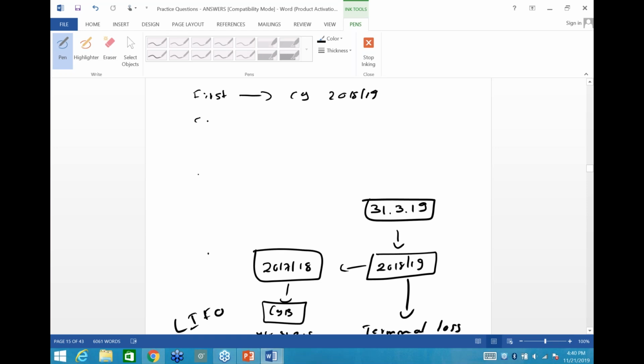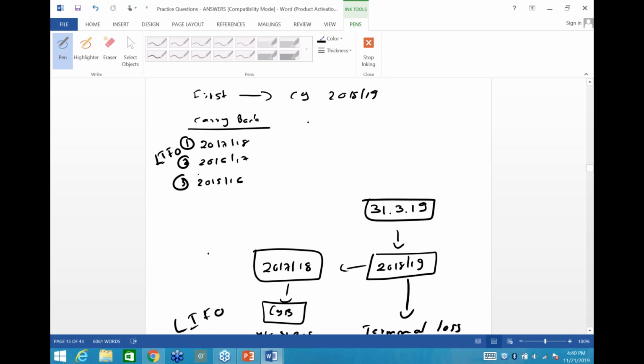Then carry back 3 tax years according to last in, first out basis. That means 17-18, 16-17, and 2015-16. Last in, first out basis. So this is the order.